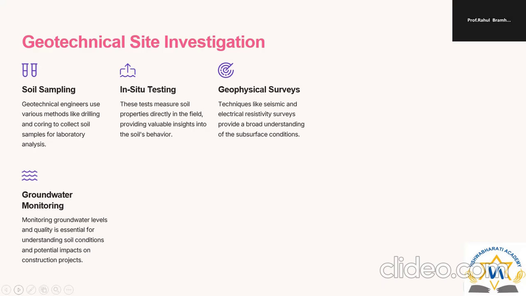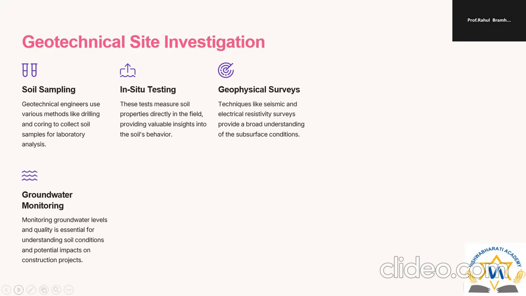Then the next one is geophysical surveys. In this investigation, techniques like seismic and electrical resistivity surveys provide a broad understanding of the subsurface conditions and help find the main properties of soil and their behavior.